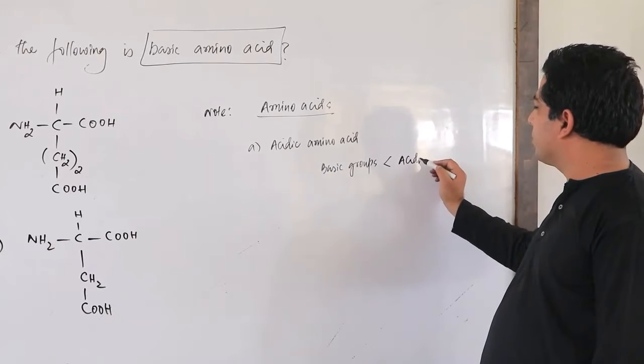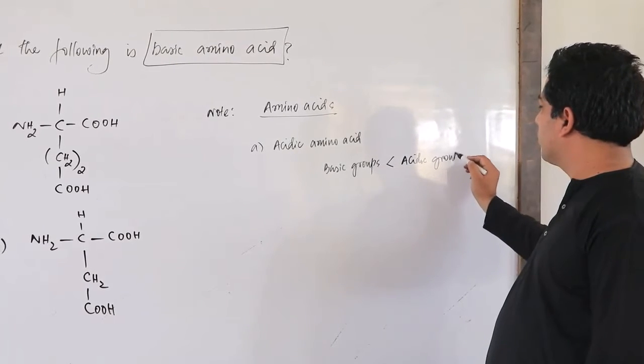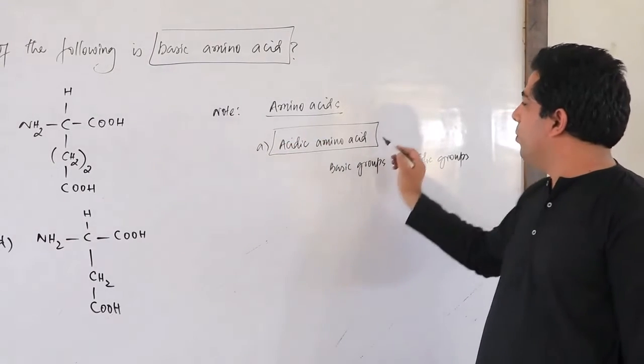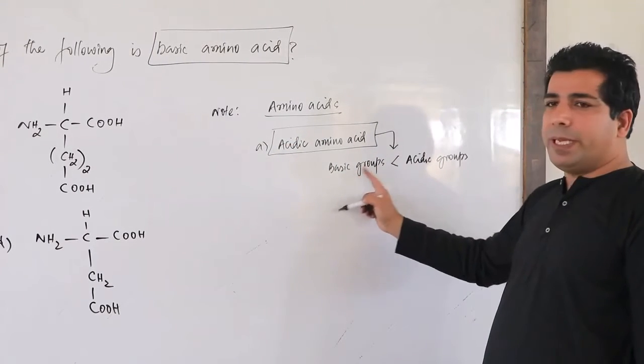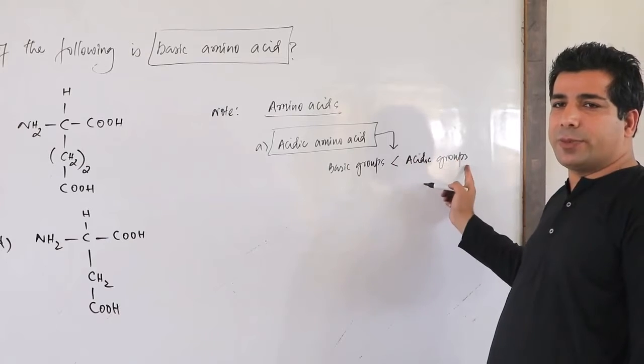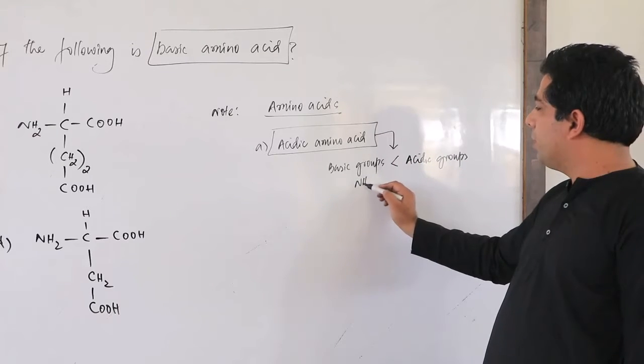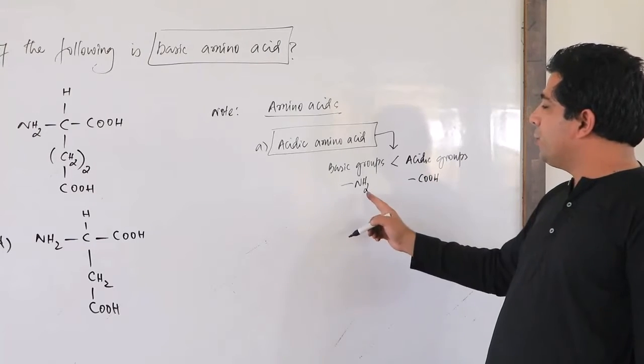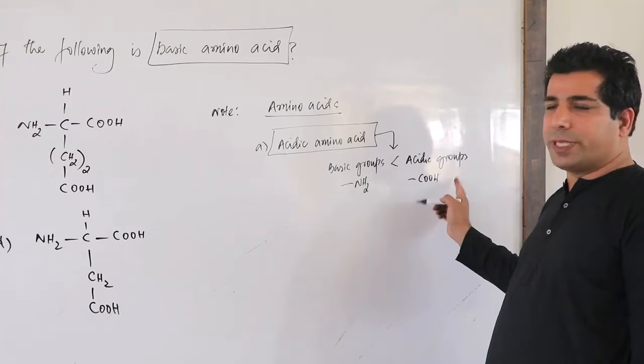In an acidic amino acid, basic groups are less than acidic groups. Who is your basic group? The NH2 group is the basic group. And who is the acidic group? The carboxylic group is the acidic group. So NH2 groups will be fewer than COOH groups.